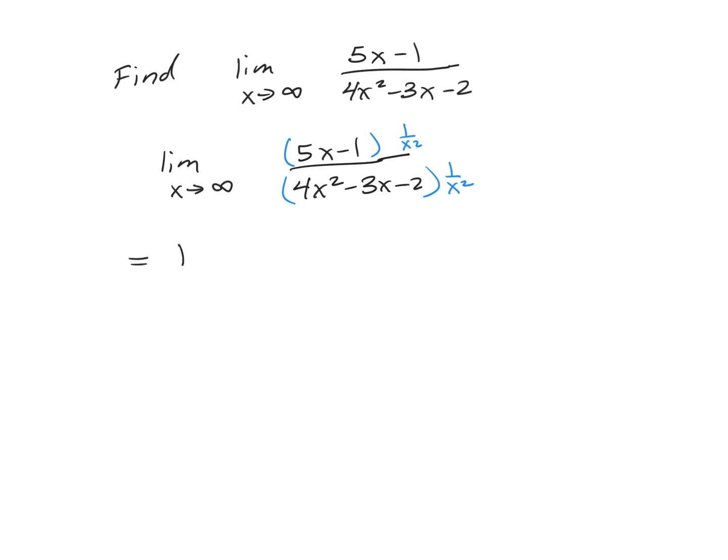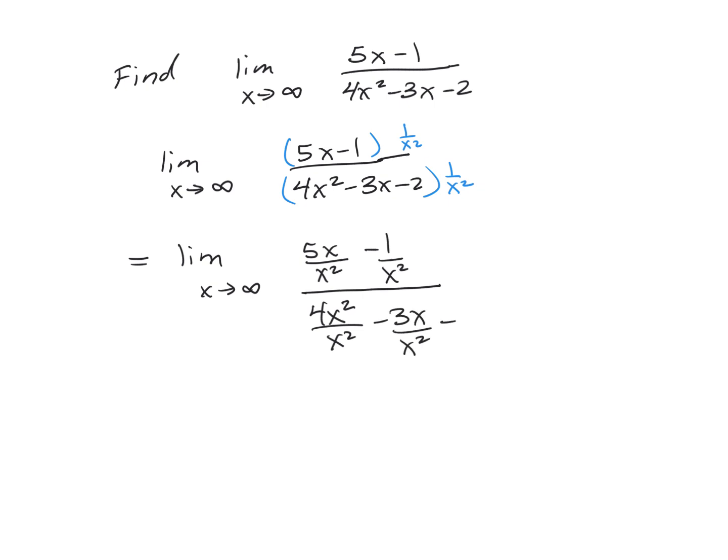So that'll be equal to the limit as x goes to infinity of 5x over x squared minus 1 over x squared, divided by 4x squared over x squared minus 3x over x squared, and finally minus 2 over x squared.